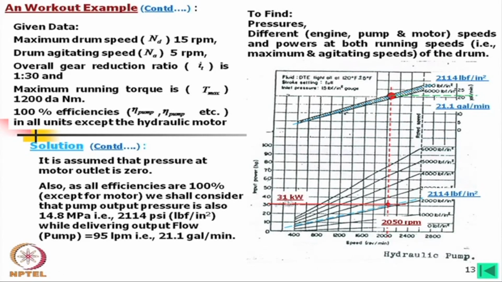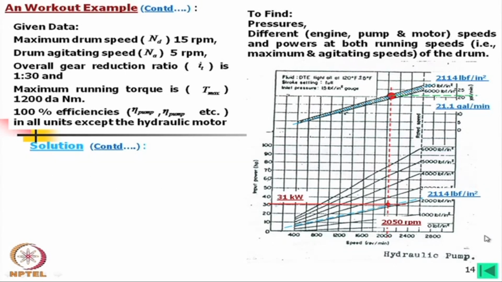It is not 31 kilowatt, this will be 31 HP. So, this will be 18 or 20 kilowatt, but actually if we carefully consider, it will be 23 kilowatt, what we have calculated in terms of flow and pressure. As we have neglected the efficiency, these results are coming in this way.